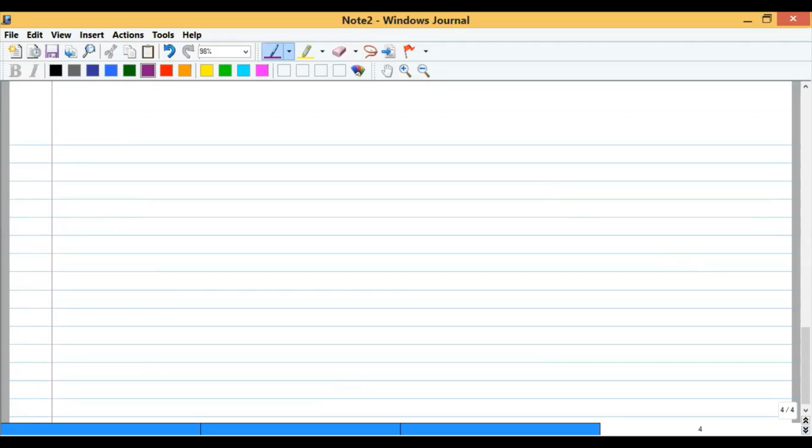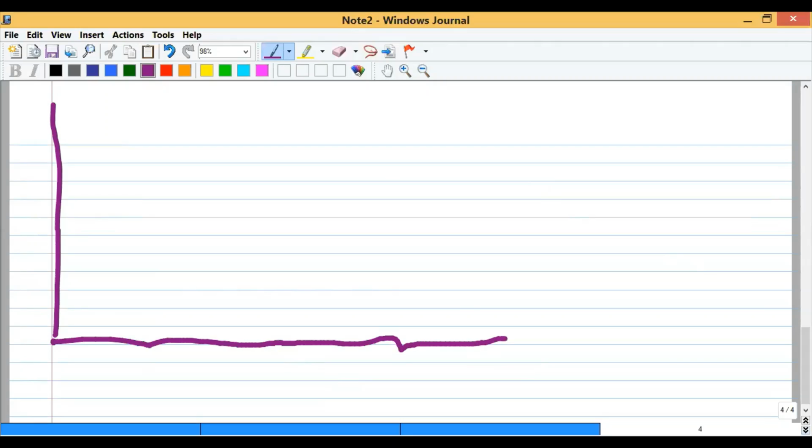Let's say this is your axis of E, and this is your time, and this is your E. So the moment you have applied some stress, a deformation will occur, and as a result of that deformation, it has increased at this time moment. Now onwards, it will try to move over here.